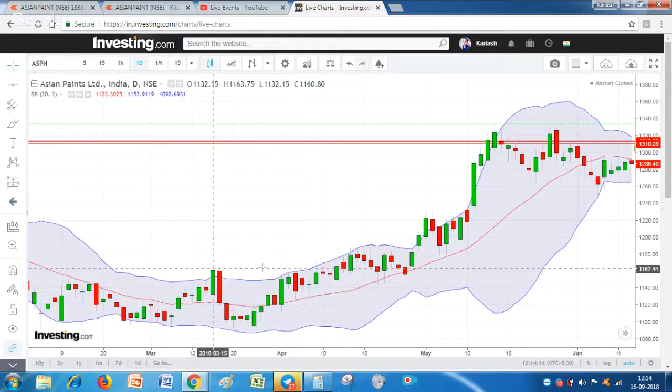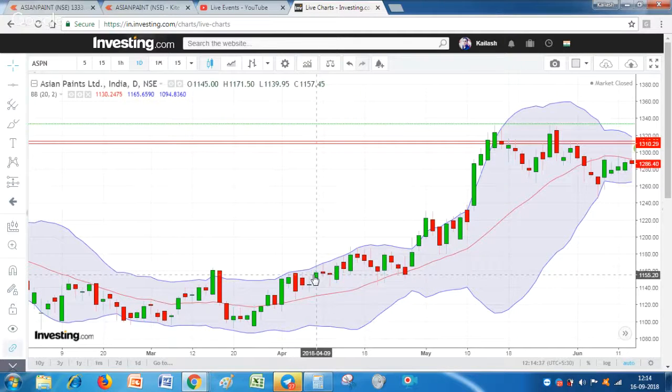That's a double top condition, which is actually a reversal condition, so we would have taken profit in this range. It has given us approximately 20-25 rupees maximum. That is the target it has given us.